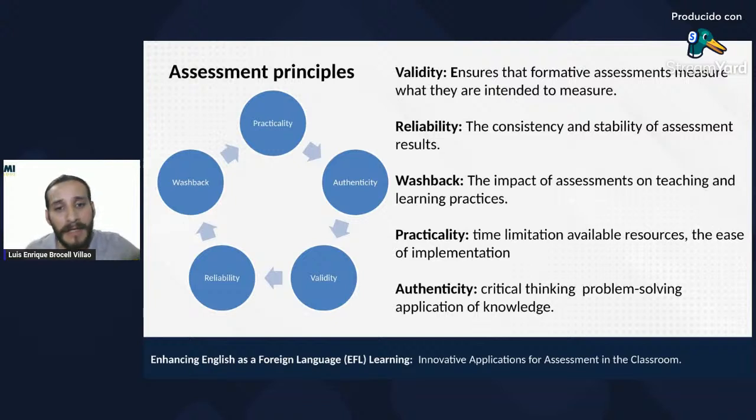Reliability is the consistency and stability of assessment results. The results that we get from the assessment part, the evaluation, the measurement, the test, should give us consistency in all our teaching process.